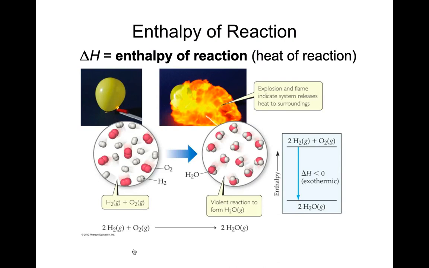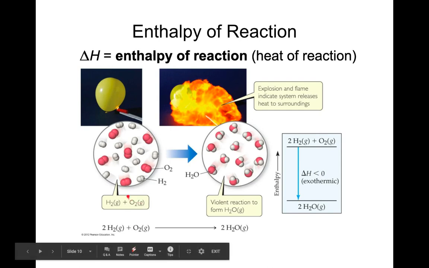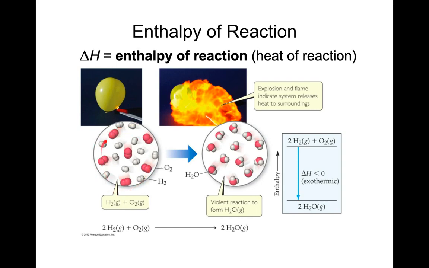This leads us to the most important conclusion that we want here, and that is that I want to talk about the change in enthalpy of a reaction, otherwise known as the heat of reaction. In this reaction, notice that before I have hydrogen and oxygen molecules, and notice that afterwards I've created water molecules.